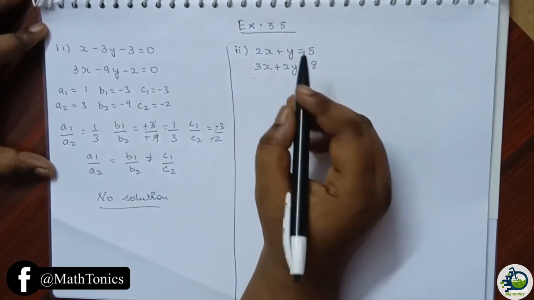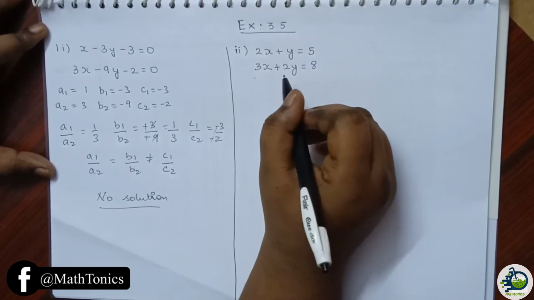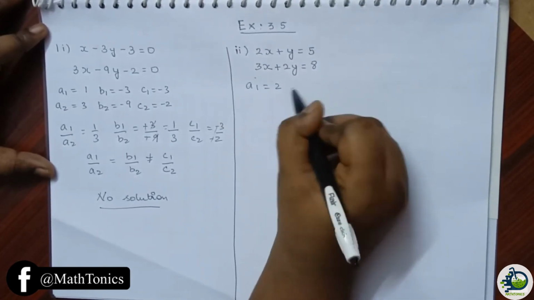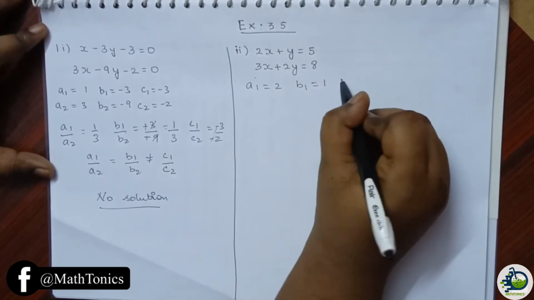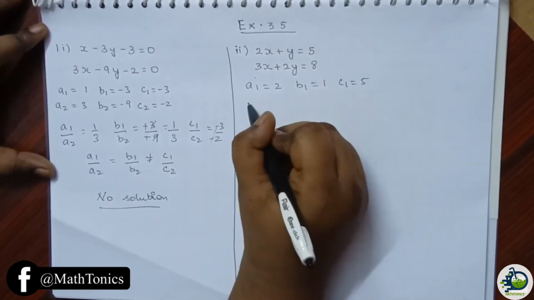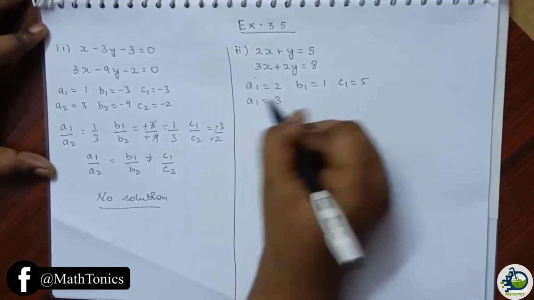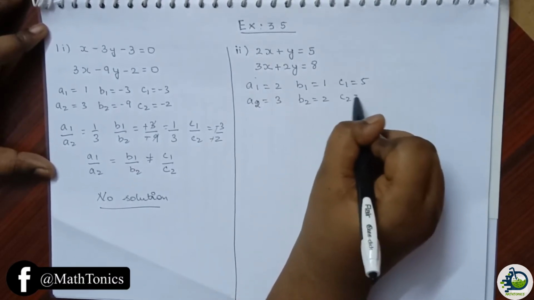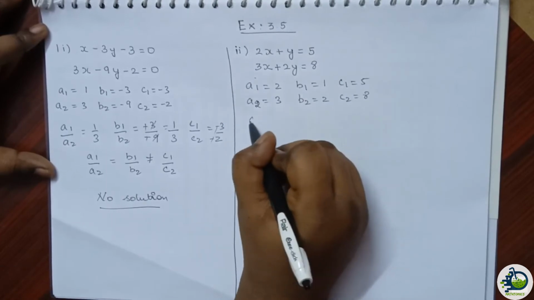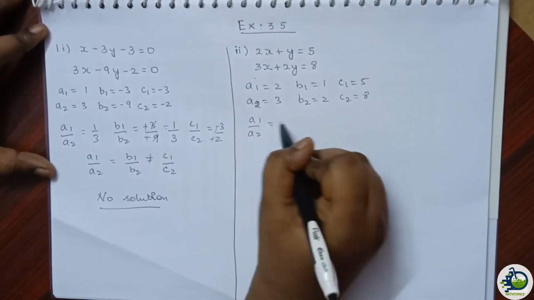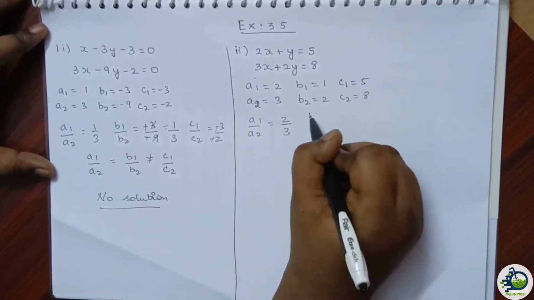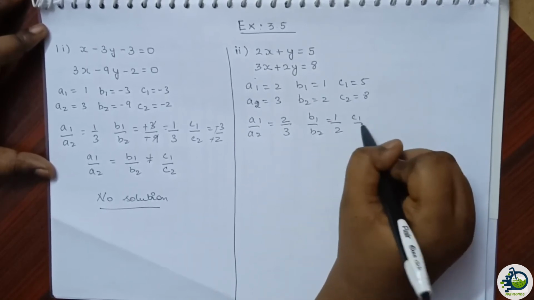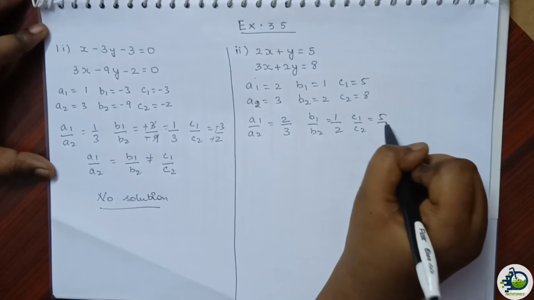Here we are going to check what kind of solution the equations have. So a1 is 2, b1 is 1, c1 is 5. a2 is equal to 3, b2 is equal to 2, c2 is equal to 8. Now let's check. a1 by a2 is equal to 2 by 3. b1 by b2 is equal to 1 by 2. c1 by c2 is equal to 5 by 8.